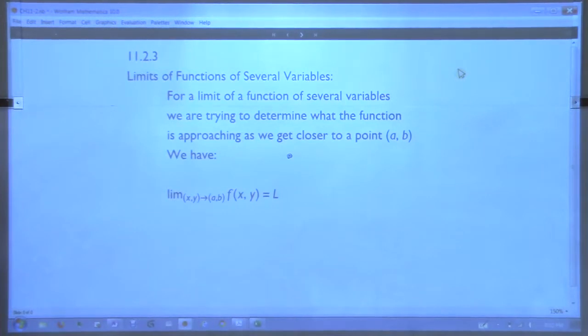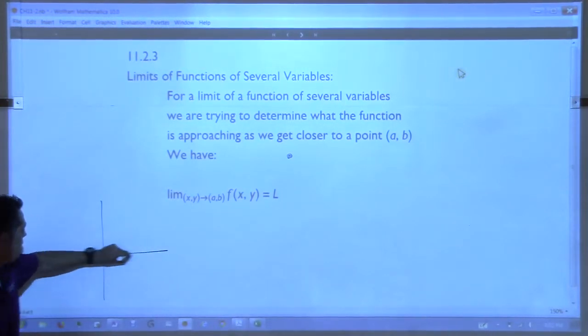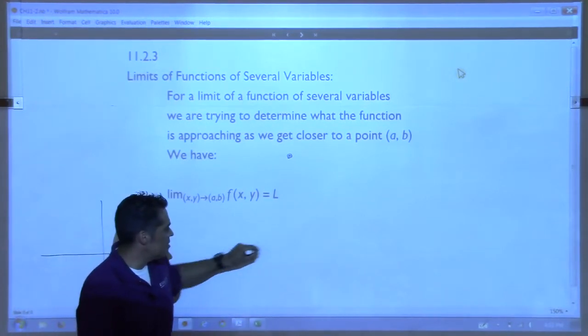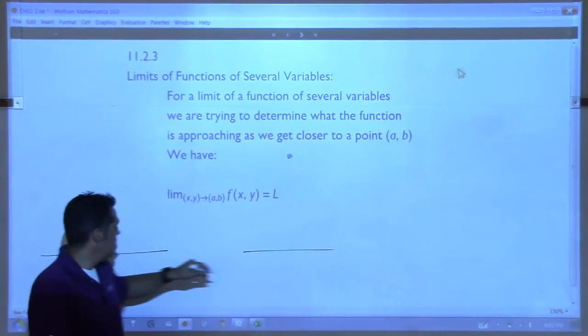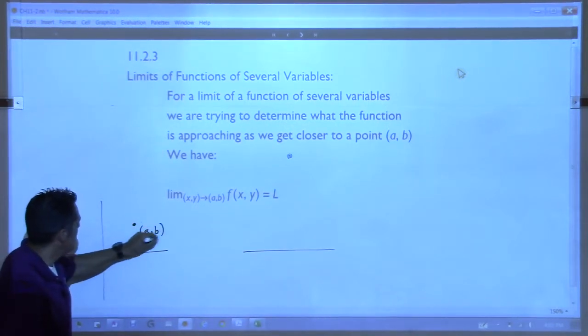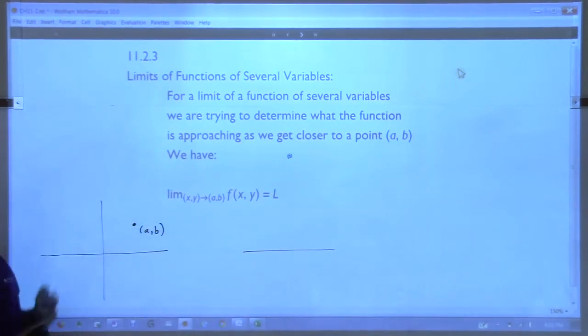So let's look at the domain. Here's the domain of our function. Remember, this gets sent through some function, gets sent to a number line, right? So if I pick this point AB, and I want to approach that point AB, what is problematic about that? You can approach it from all sides, right?